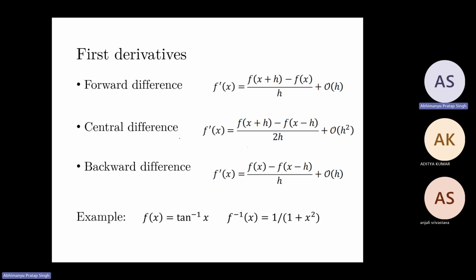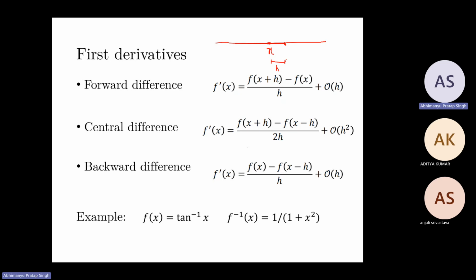Then there is the central difference formula. In the forward difference, if I draw a number line and this is my point x, I take a point x plus h, at a distance h in front of x, and divide by h.